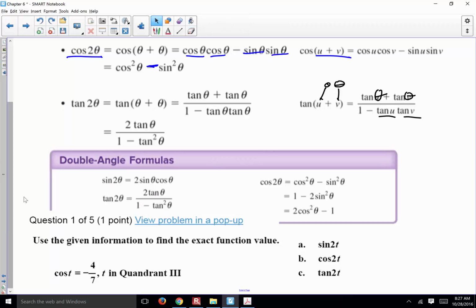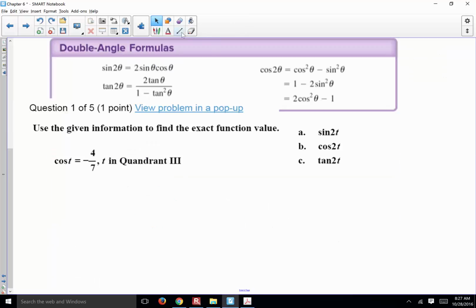Alright. The next question is kind of long because it has 3 parts. We are going to keep using the double angle formulas we just constructed above. Sine 2t, cosine 2t, and tangent 2t are to be found, but what we are given is cosine t. How do you find sine 2t first?